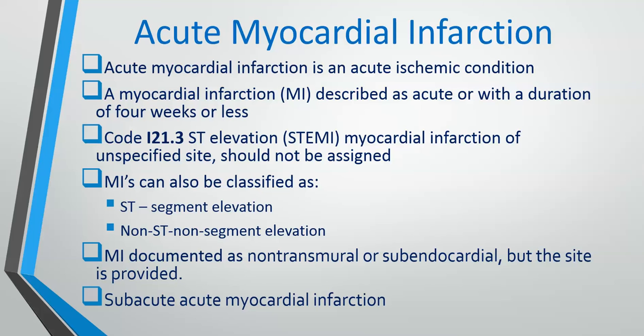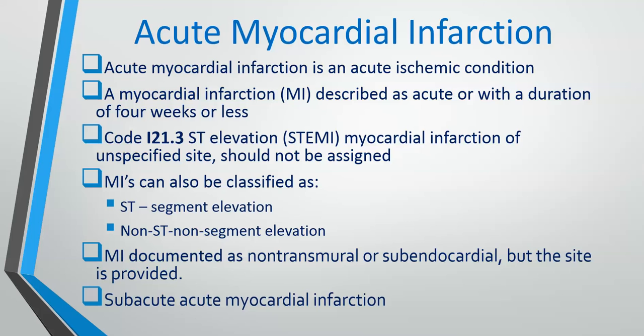So just some notes to keep in mind: AMI codes in ICD-10 specify the affecting coronary vessel. For example, an AMI documented as subendocardial or non-transmural is coded as such, as I21.4 and I22.2, even if the site of the infarction is specified.